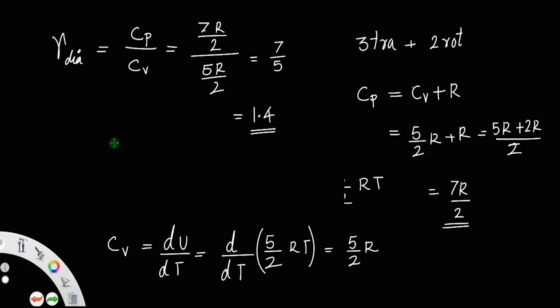Clear? This is for rigid diatomic molecules. Okay, rigid. For non-rigid diatomic molecules, let's take that case also. For non-rigid diatomic molecules, we have degrees of freedom equal to 7.